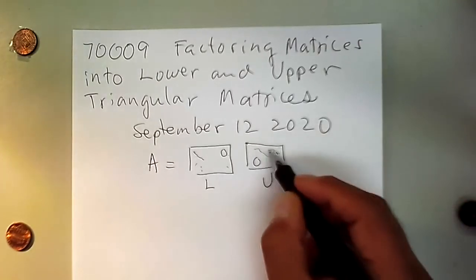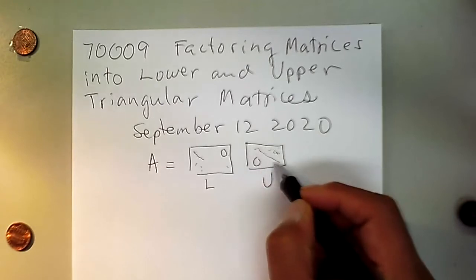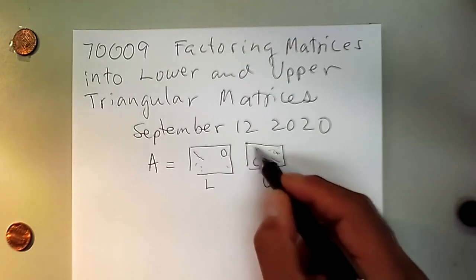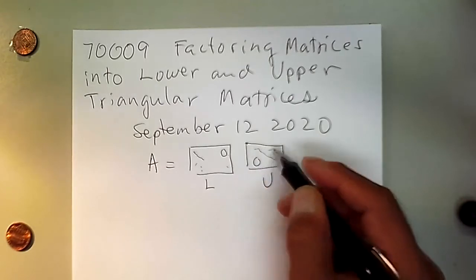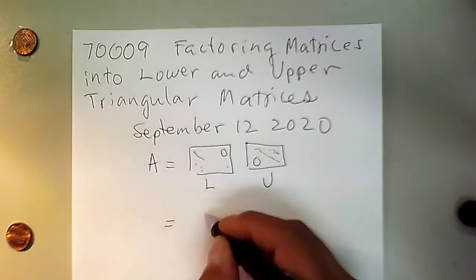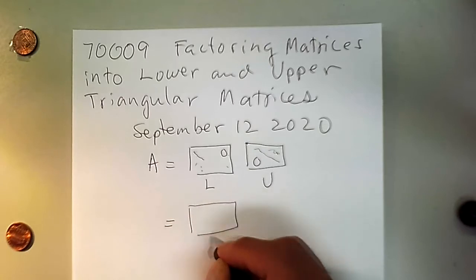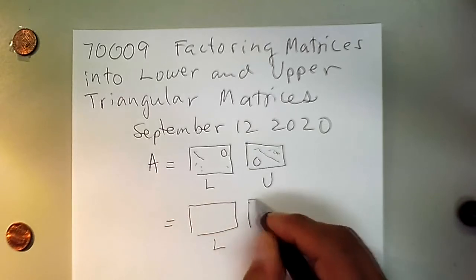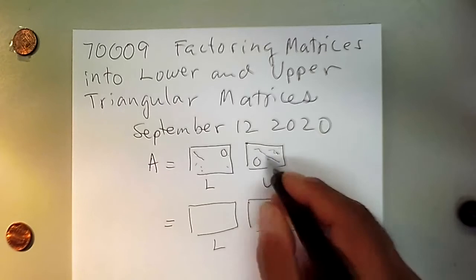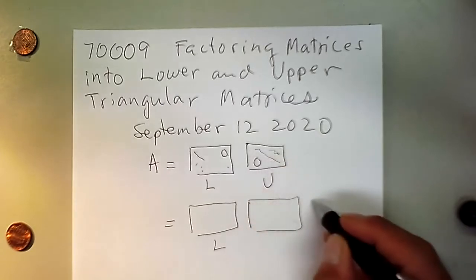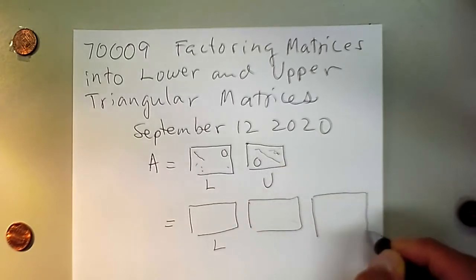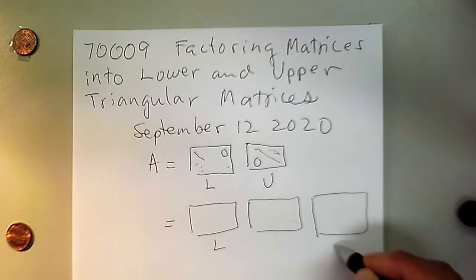So in order to have ones on the main diagonal, we have to factor out some constants. So we're going to further factor this into three matrices: L, a diagonal matrix, which will take care of the non-one elements in the main diagonal, and then the upper triangular matrix.